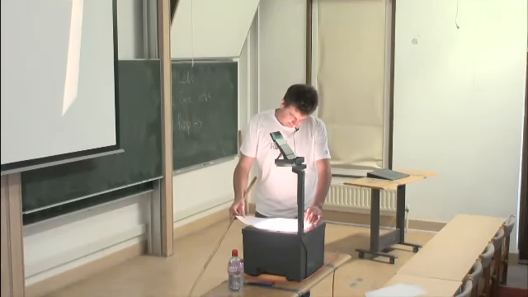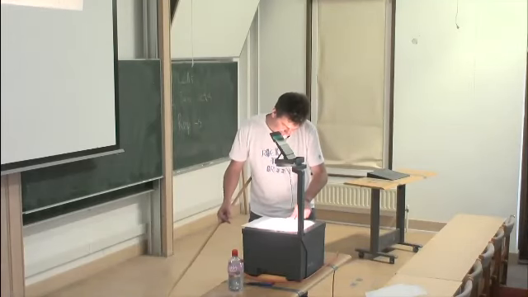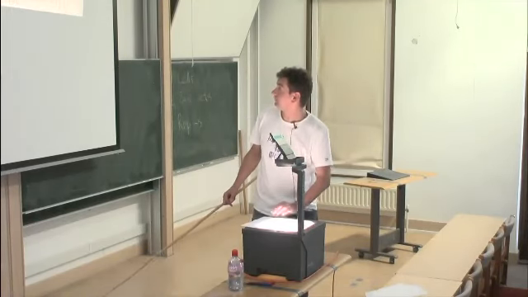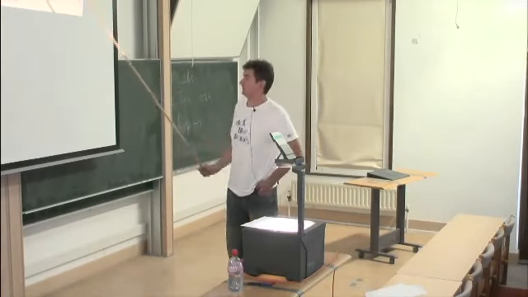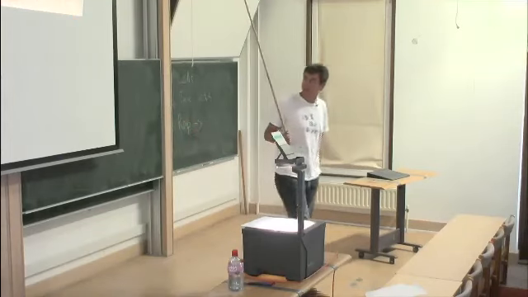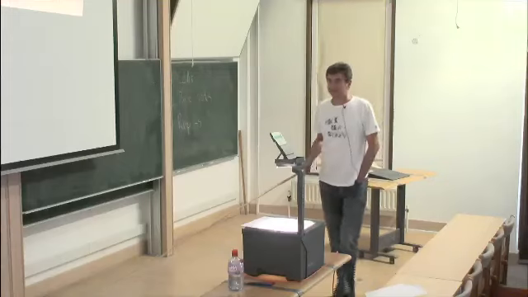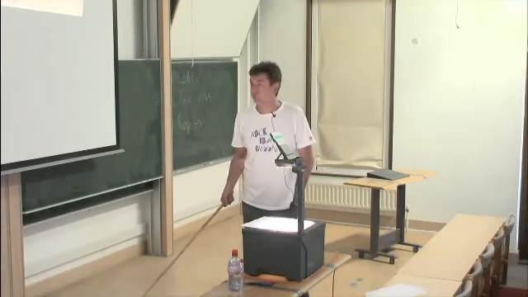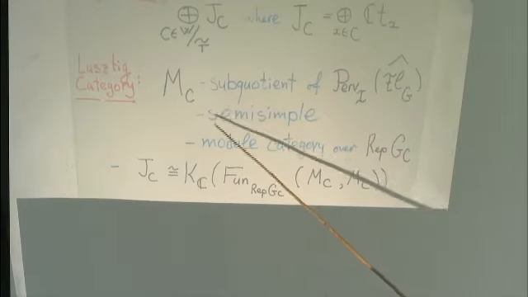The second thing I need to explain, how it's possible to connect these two objects, is Lusztig's category. It's called M_C. It's an abelian category attached to a cell. Again, I do not want to describe this category in detail, since the full definition requires quite a few technical details, but I'll describe its main properties.